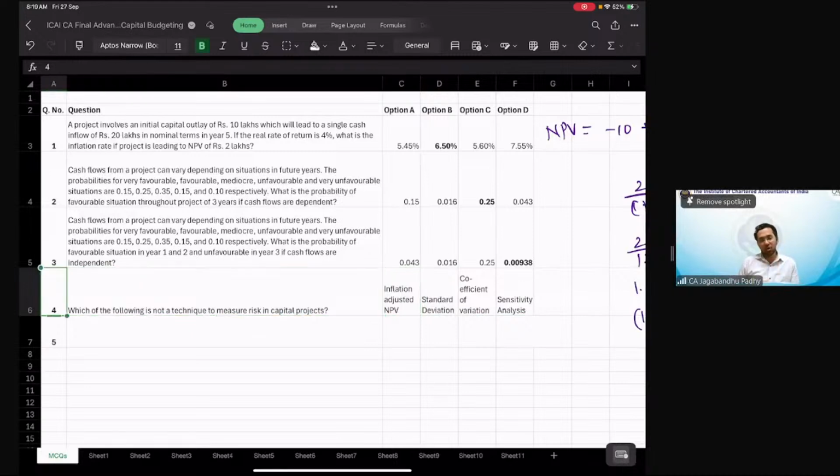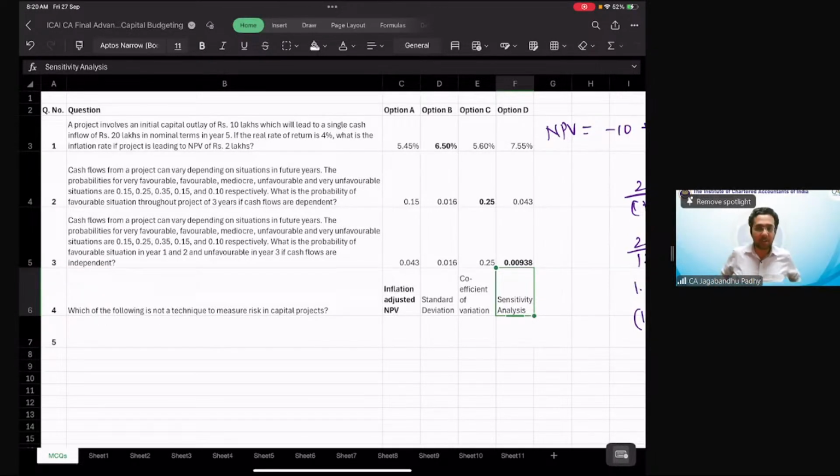Which of the following is not a technique to measure risk in capital projects? Of course, inflation adjusted NPV, because standard deviation is a measure of risk, coefficient of variation is a measure of risk, and sensitivity is also a measure of risk because you are trying to identify which of the variables is most significant or has a greater impact on your project.